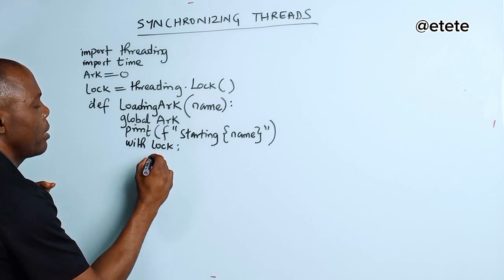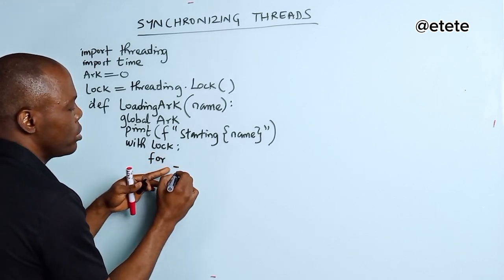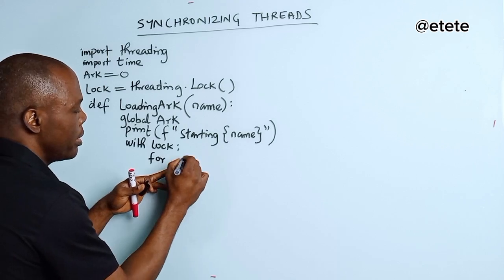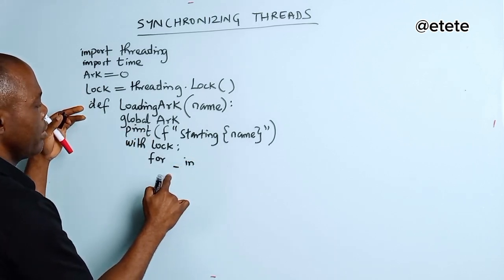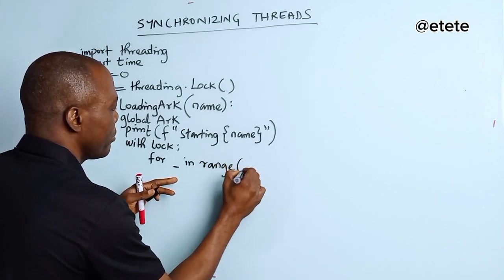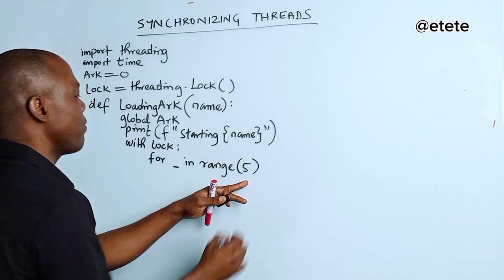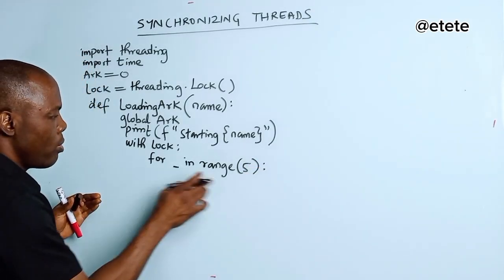With lock, for now I will use underscore, for underscore in range 5.